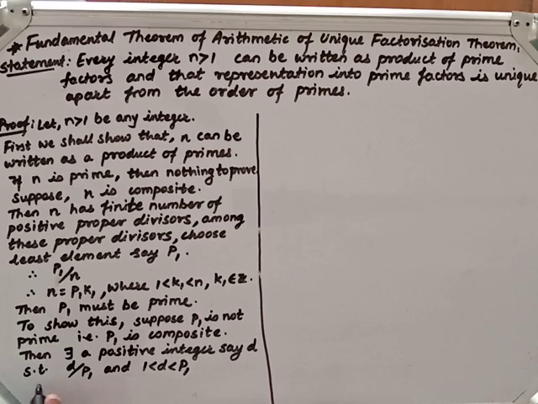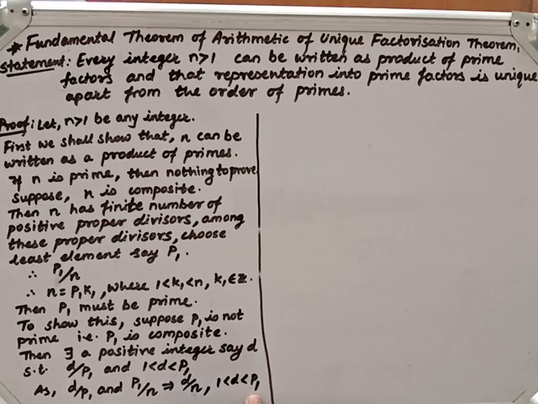As d divides P1 and P1 divides n, d divides n. But d is less than P1, with 1 less than d less than P1. So d is between 1 and P1.